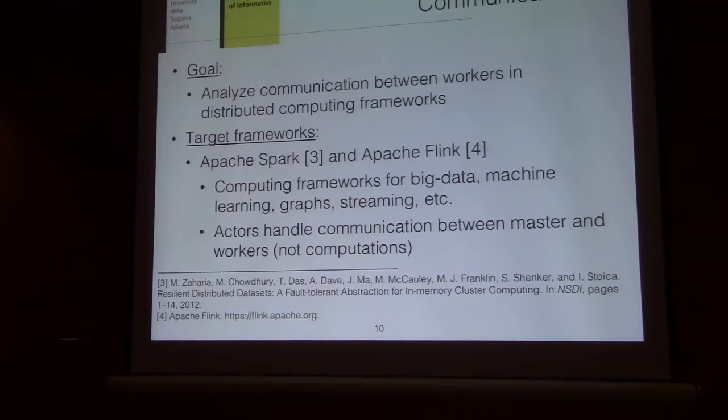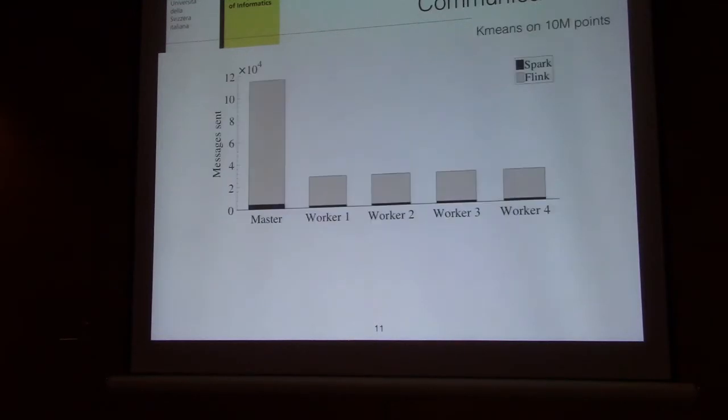We set up both frameworks with the same workload, same number of cores, same memory. In general, we try to replicate the operating conditions to be as similar as possible in both frameworks, and we compare the number of messages being exchanged between masters and workers.